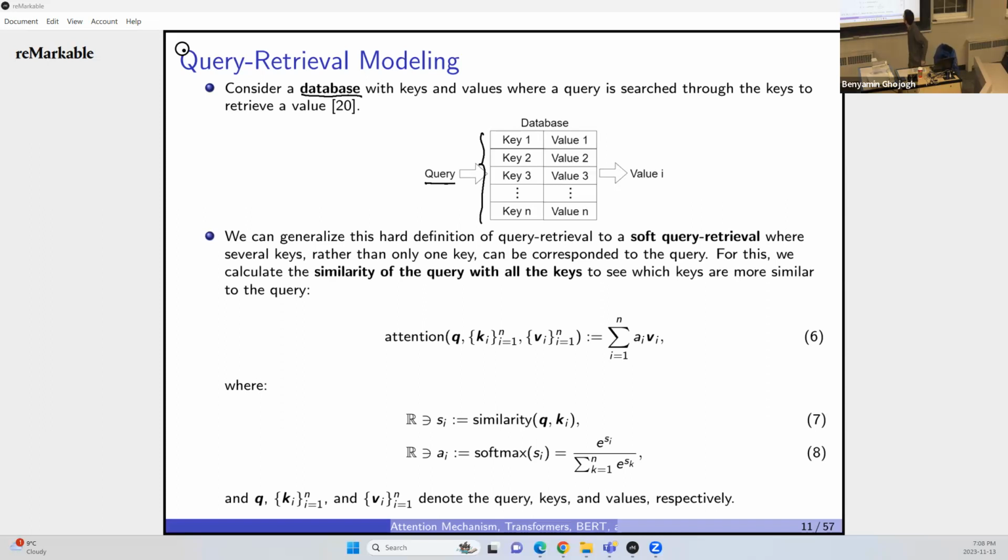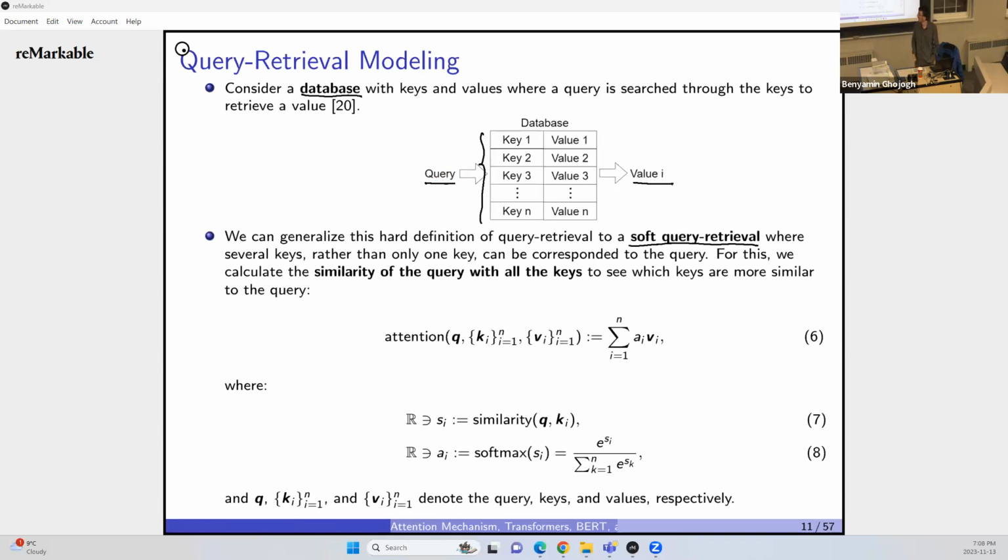Okay, so as I said, in a regular database, the query matches one of the keys, one of the rows, and the value of that row comes out, right? But now let's use soft query retrieval. That was hard query retrieval. Now what is soft query retrieval? Soft query retrieval says let's calculate the similarity of the query with each of the keys in the rows.